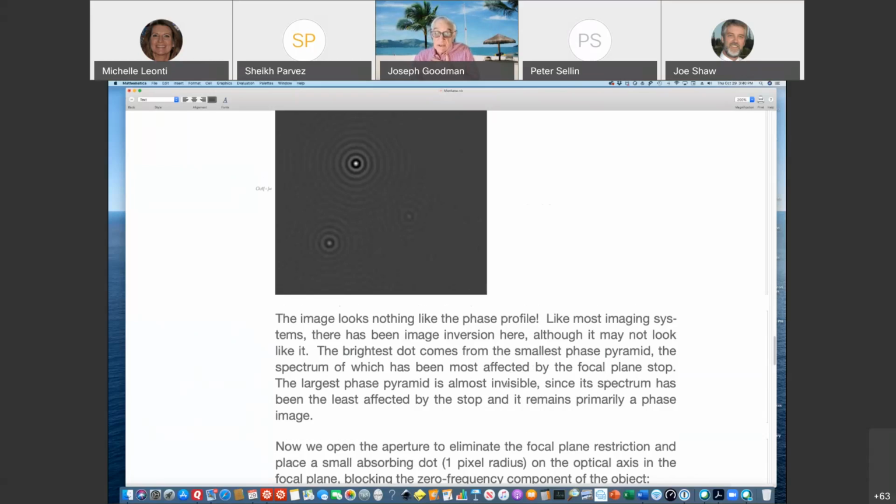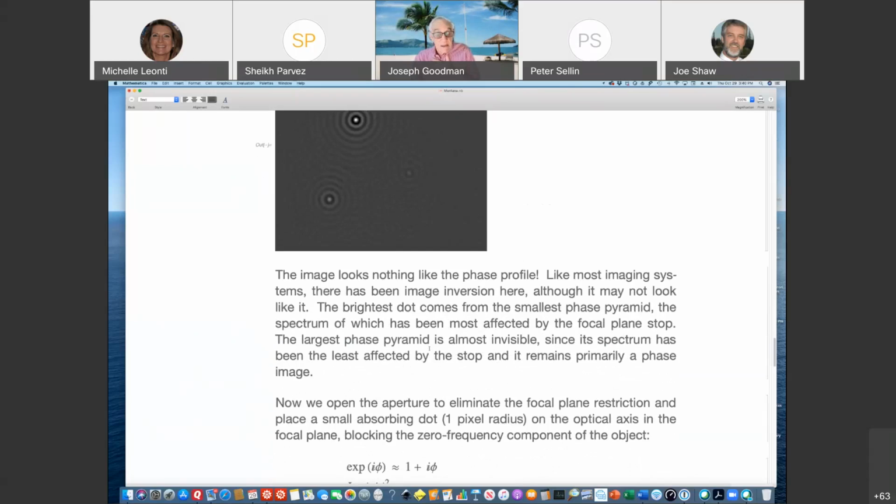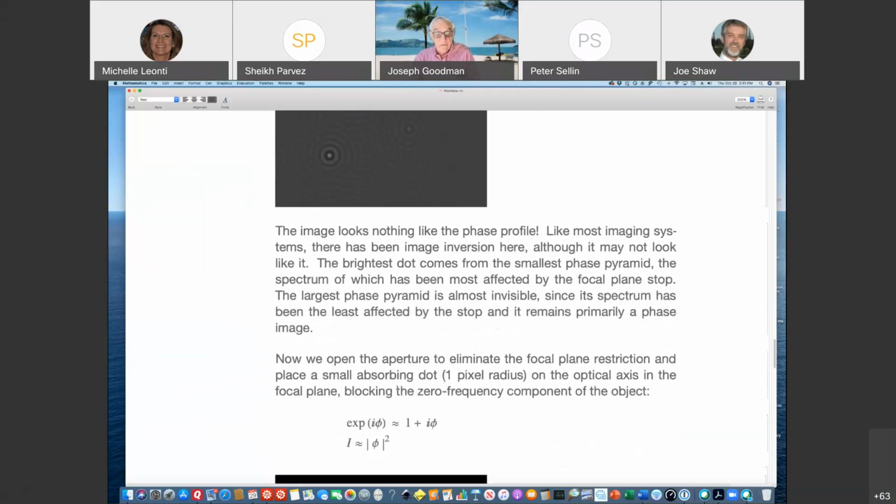Its effect is almost invisible, since its spectrum has been the least affected by the stop, and it remains primarily a phase image. That's because its spectrum is much narrower, and the stop around the aperture in the focal plane has not affected it that much. So anyway, we have not succeeded in getting a very good picture of the phase object.